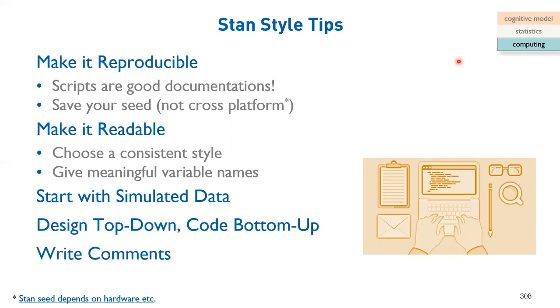The last one is write comments, but I said this already, to do a favor to your future self. Anything else? Yeah, code never lies. This actually happens to me quite often: if I want to change the code, I change the code, of course, but sometimes I forget to change the comments.